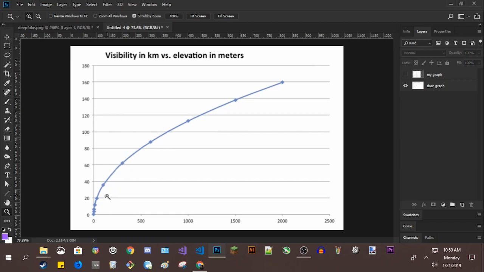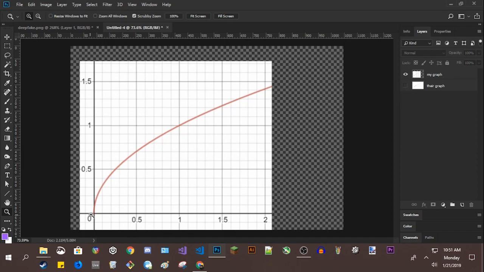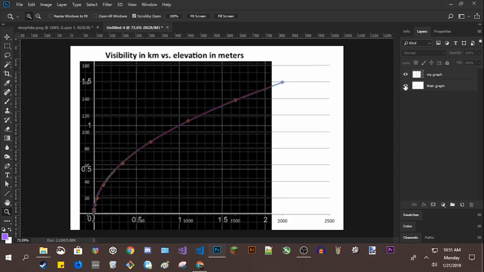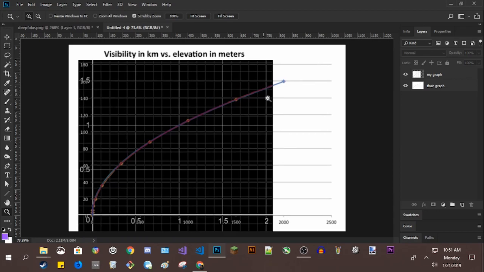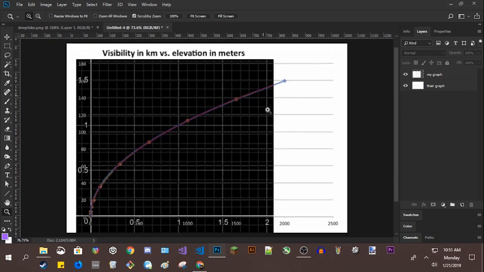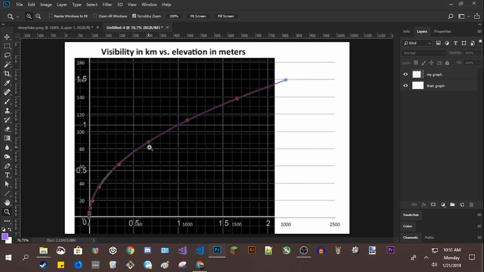But this curve can be replicated with a simple square root. And this is a square root graph I made, and when we overlay it on top of the first graph that the guy made, we can see that they perfectly line up. So there's no need to have arctangent or any curve math equations that dictate how far you can see.